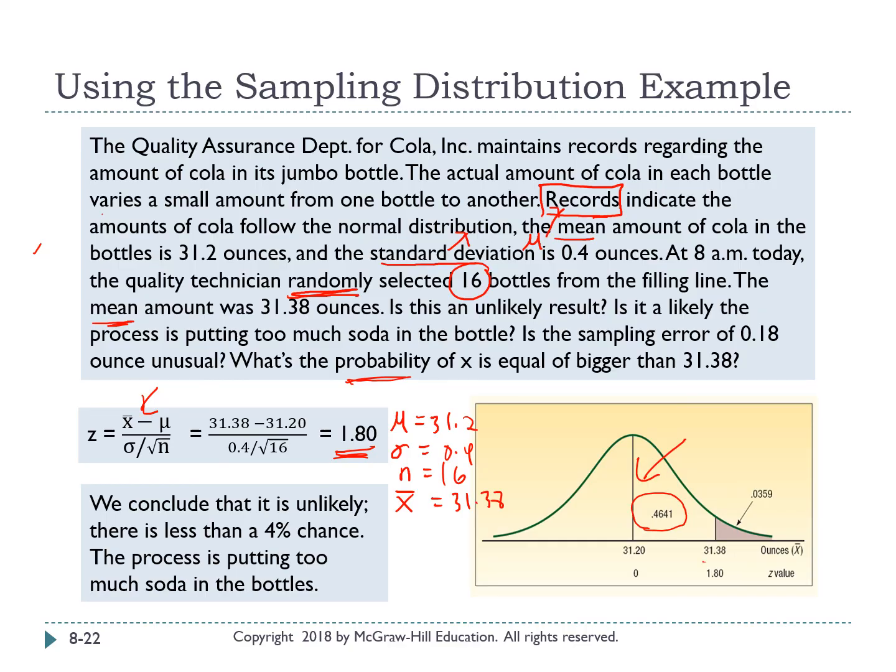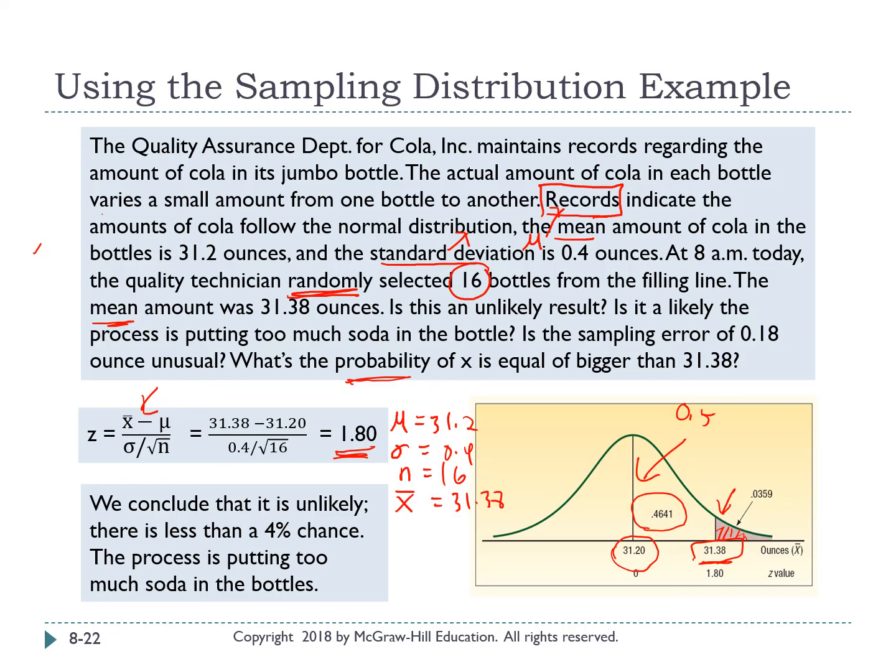So here is your 31.38. Your population mean is 31.20. So you are interested in finding this part, whether you can have more than this value, 31.38. So how to find this small area? You know that half of this diagram will give you 0.5.